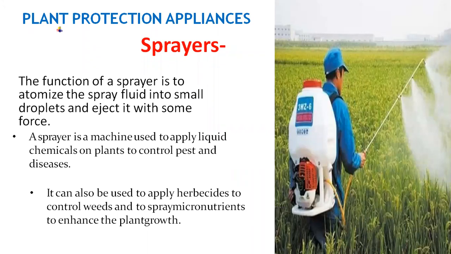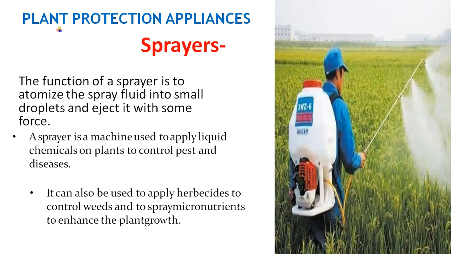But a sprayer may be defined as a mechanism in which the liquid is broken up into droplets which are discharged with some force. The main function of this sprayer is to atomize the spray fluid into small droplets and eject it with some force, and it is used to apply liquid chemicals on plants to control pests and diseases.